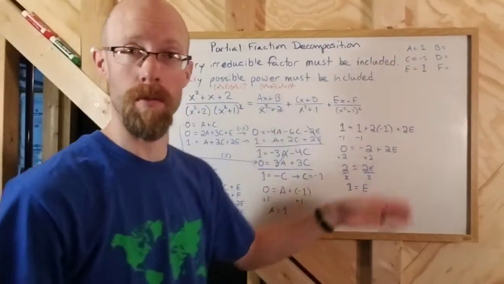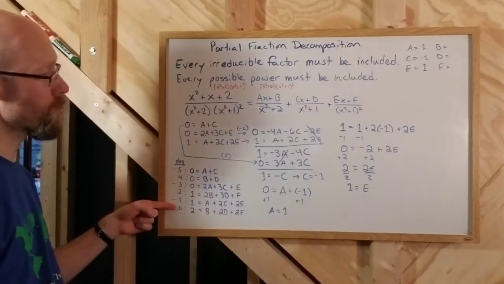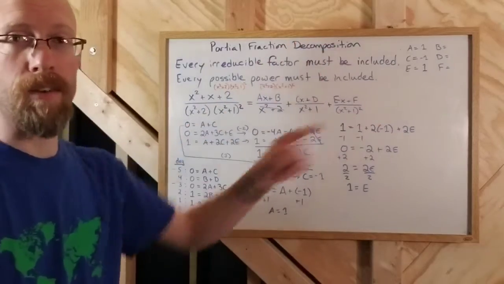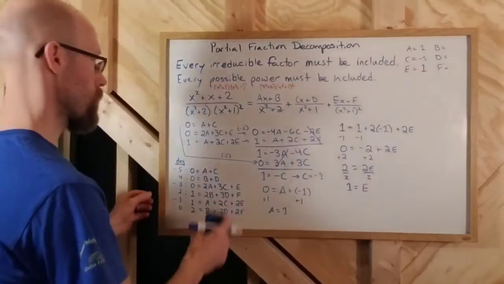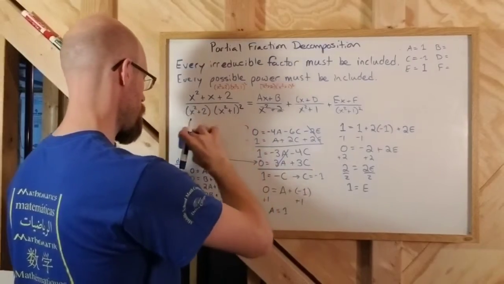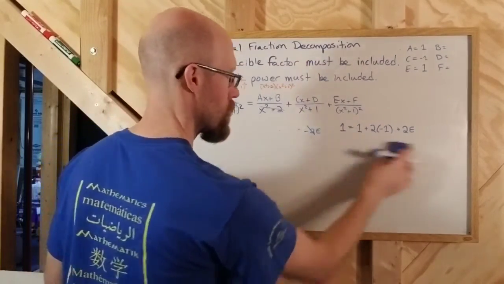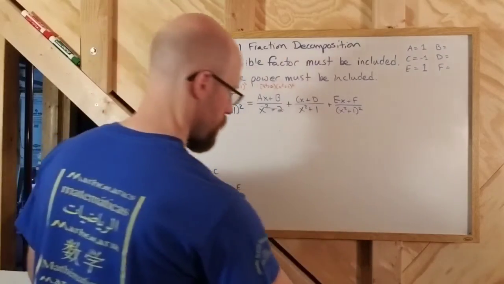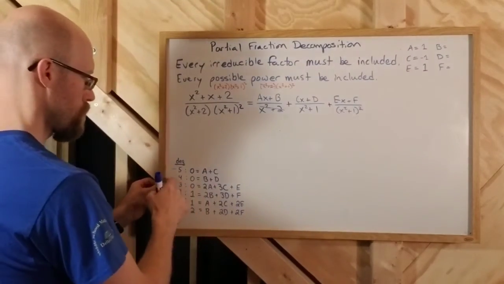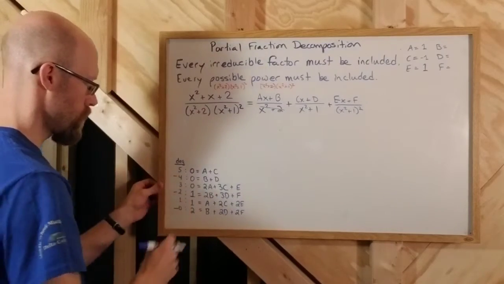Now what I'm going to do is go back and pull out the even degree equations and find B, D, F in a similar way. Of course, I need to erase all my work on the A, C, and E just to make some space. So I'm going to pull those, the evens, 4, 2, and 0.